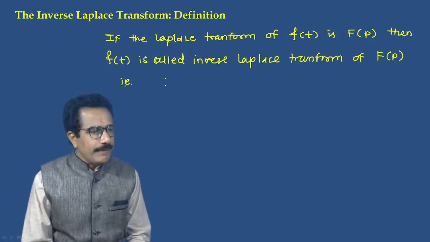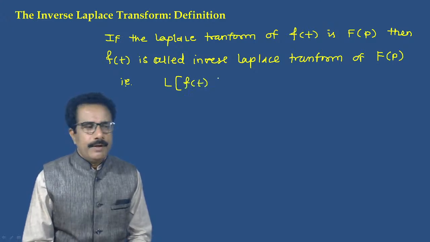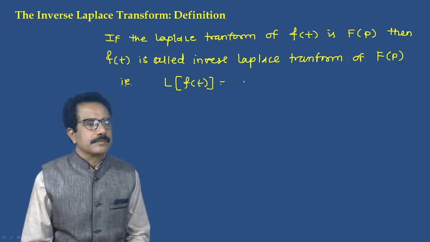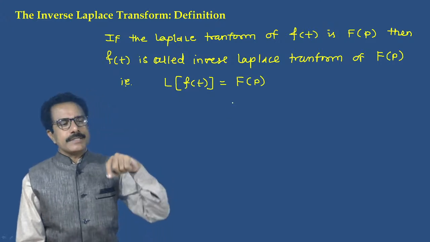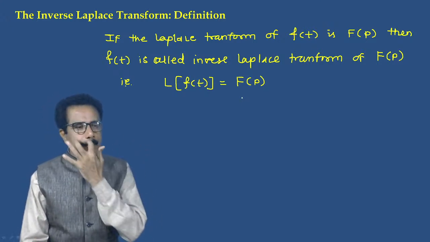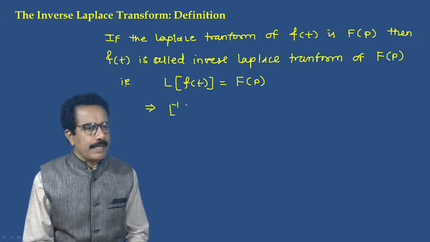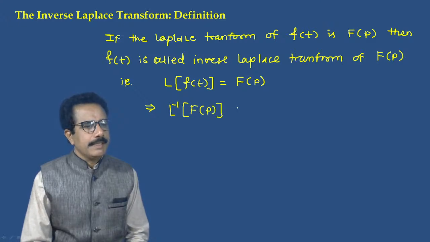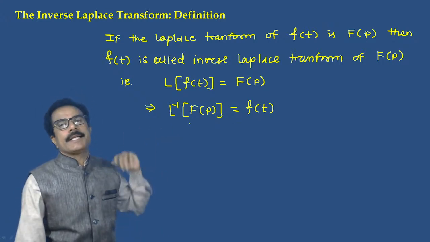That means here if L of small f of t is equal to capital F of p, then the inverse Laplace transform of capital F of p is small f of t, or small f of t is called the inverse Laplace transform of capital F of p.